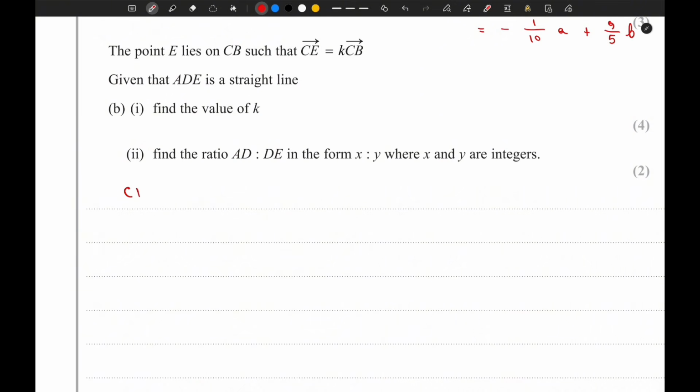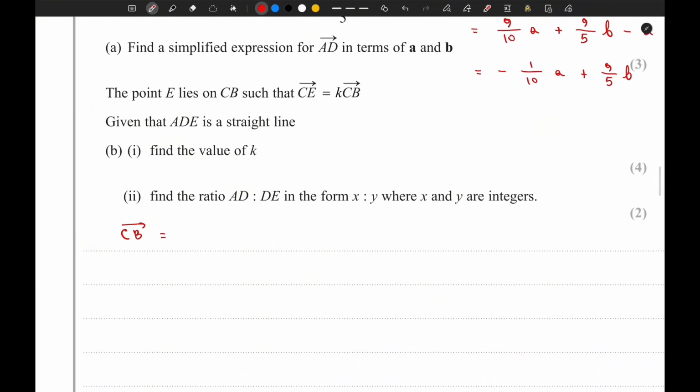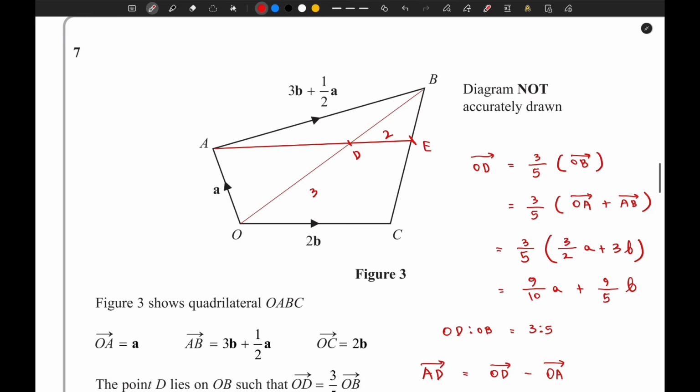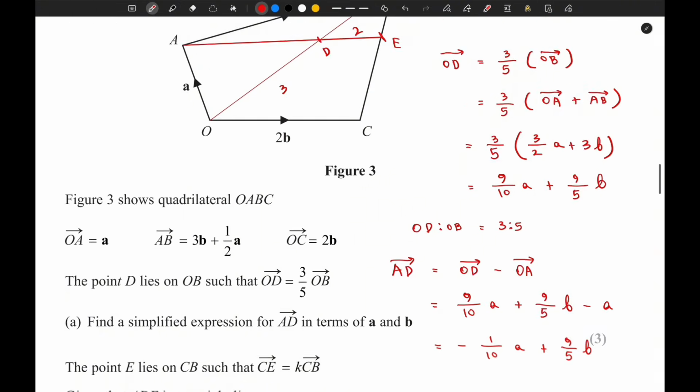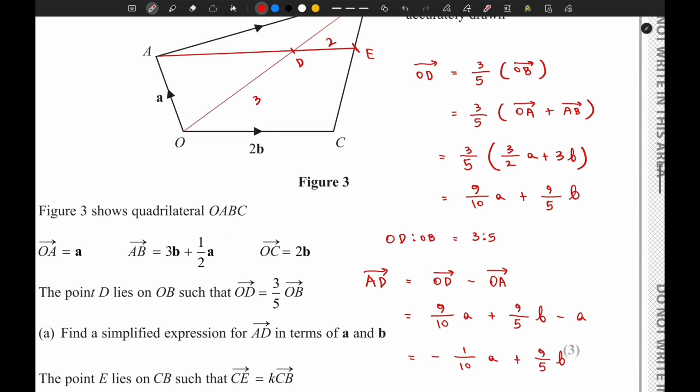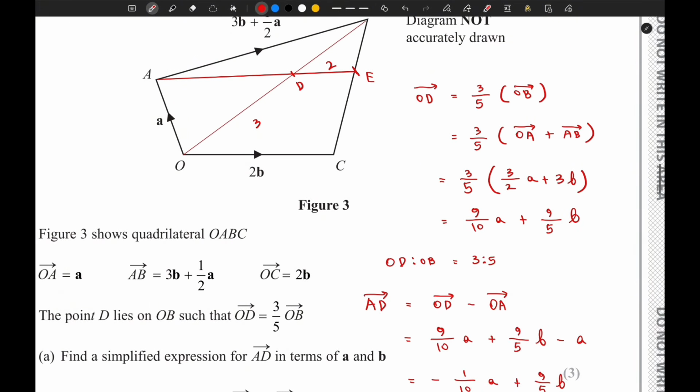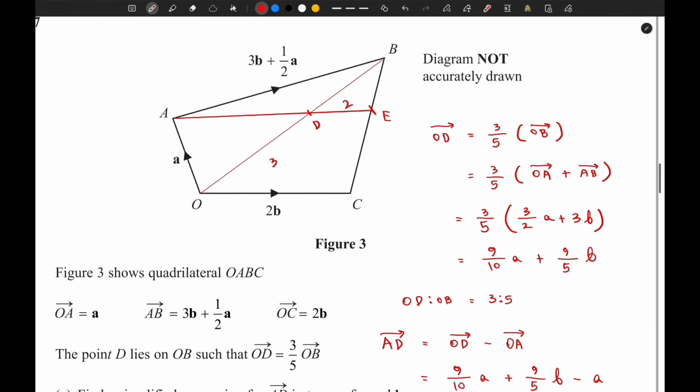Now let's first find out the value of the CB vector. We can say that the CB vector equals AB minus the AC vector, but we do not know the AC vector, so that's a problem. Or we can just say that the CB vector equals minus 2b plus a and plus 3b plus half a.